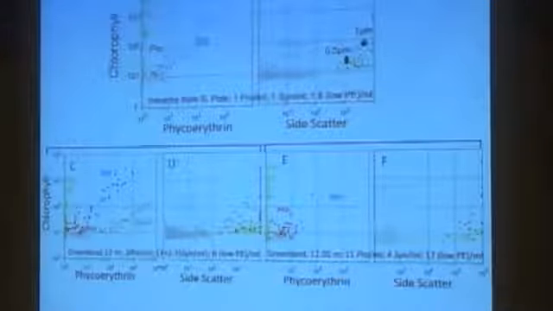And we see distinct differences. The red is here, the blue is here, and we have a different set of what I'm calling Synechococcus strain number 2. It may not even be that, but look at the difference between this plot and that one.